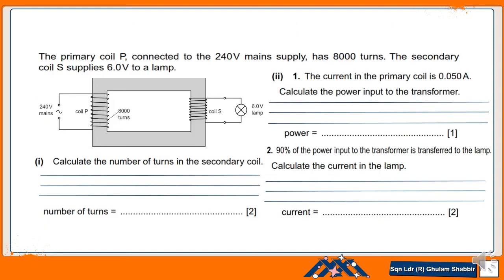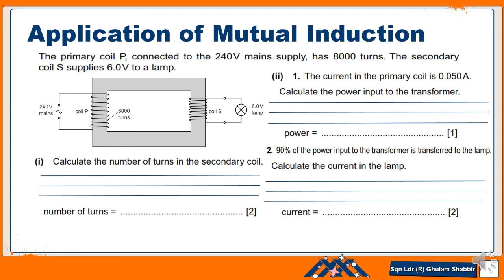The second part of the question is again the application of mutual induction. The primary coil P connected to the 240 volt main supply has 8000 turns. The secondary coil S supplies 6 volt to the lamp.